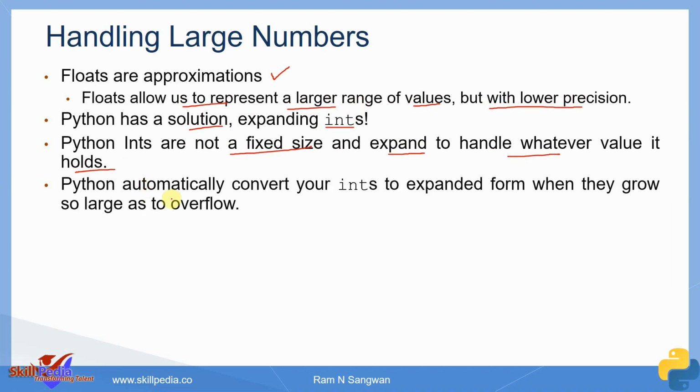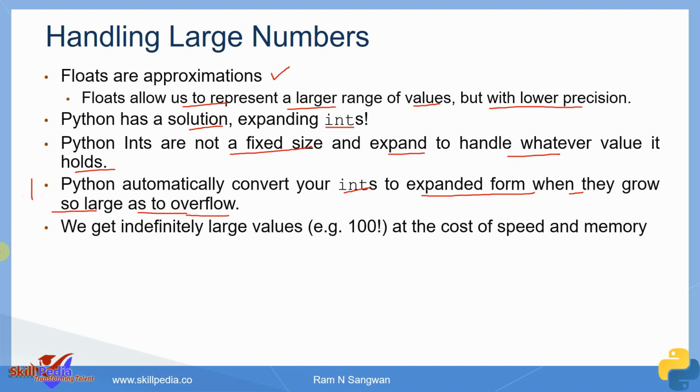Python automatically converts your integers to expanded form when they grow so large as to overflow. To whatever extent, Python tries to handle that number. We get indefinitely large values. For example, this factorial of 100, at the cost of speed and memory. But if you have a fast processor, we'll get really big numbers.